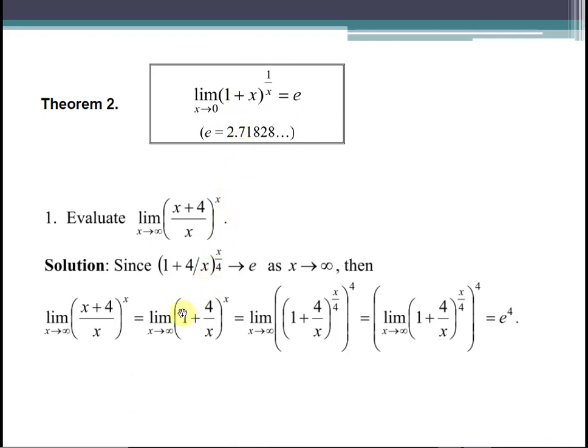Now here, (x plus 4) over x, it means we can divide by terms. x over x is 1, and 4 over x, the power of x.